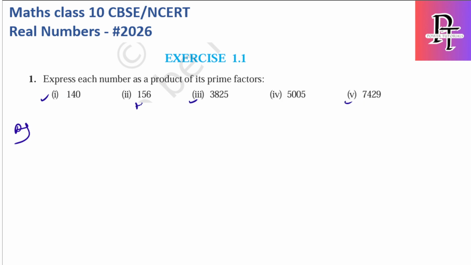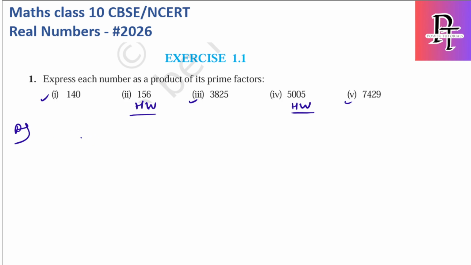I want these two to be homework, 156 and 5005. Just try these 2 questions, I will help you solve the other 3. Let me know your answers in the comment section. In the next video I'll definitely solve these 2 as well, and I will help you with the solutions. But I want you guys to try.